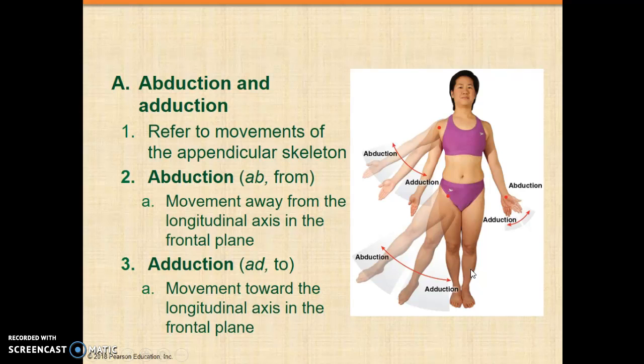When we move a body part away from the axis, it is called abduction. When you abduct a person, you take them away. When you bring towards, you're adding to, that is adduction. So if you lift your arm up, that is abduction, and putting your arm back down is adduction.